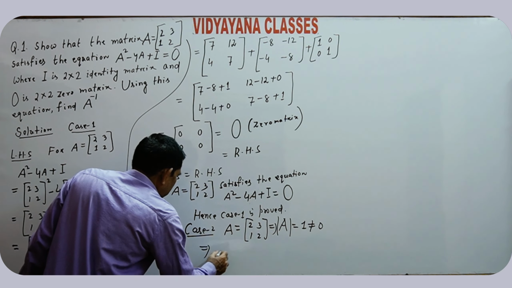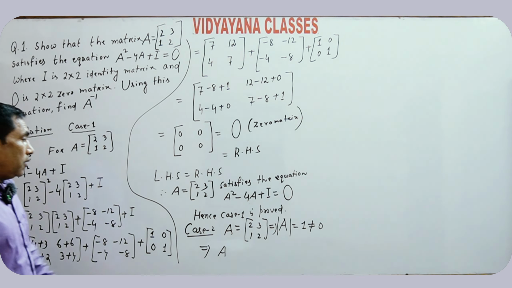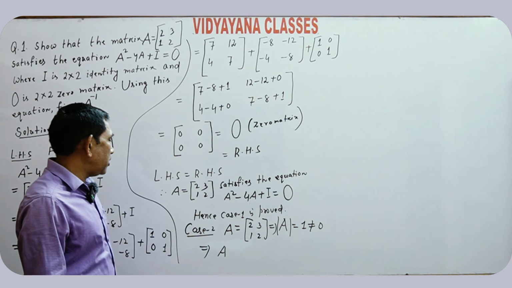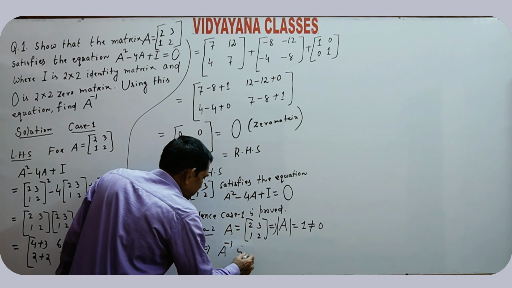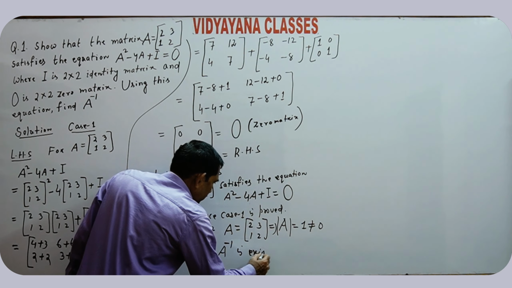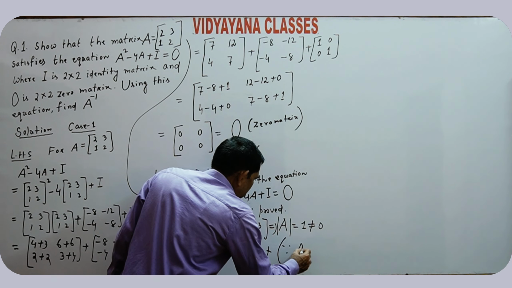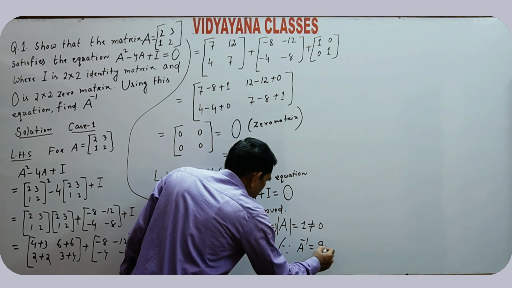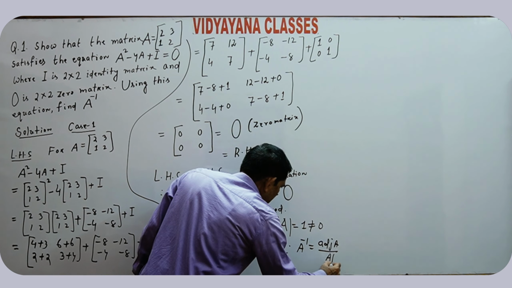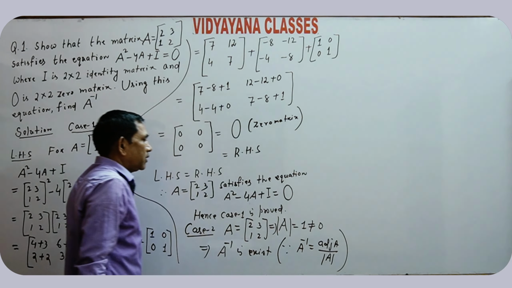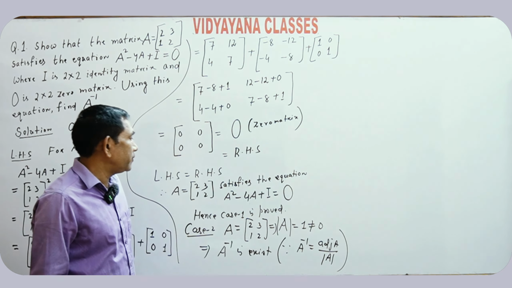Since the determinant of A is not equal to 0, A inverse exists, since A inverse is equal to adj A divided by the determinant of A. Since A is non-singular, A inverse exists.